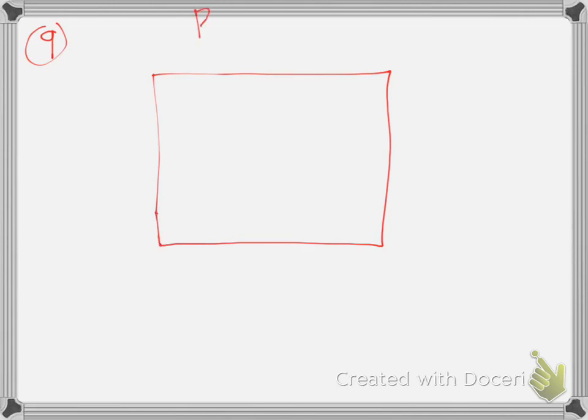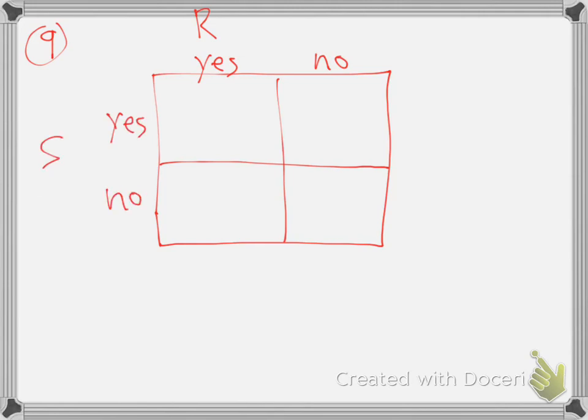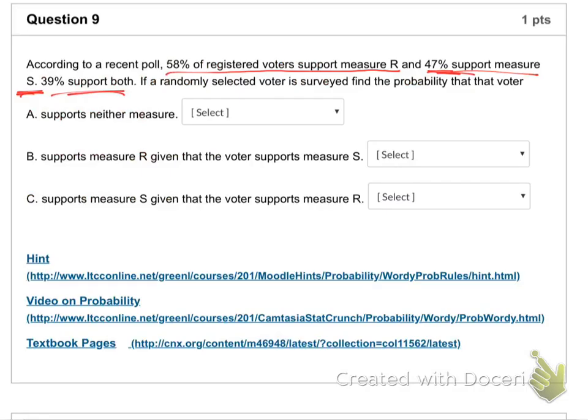So question 9. Again, it doesn't matter which one you put on the top, which one you put inside. I'll just put R on the top, S on the side. And then it's yes or no. They support it or they don't. Yes or no for Measure S. Okay, and let's go through the percentages.